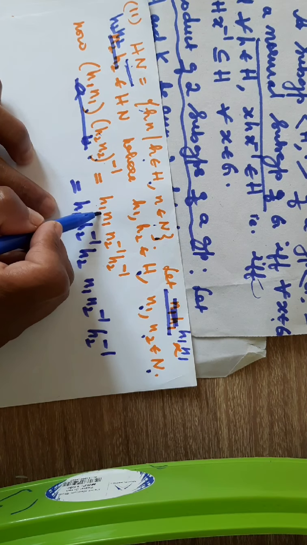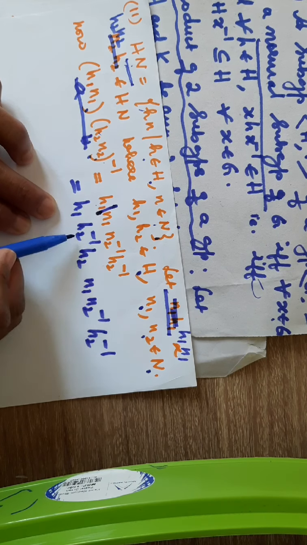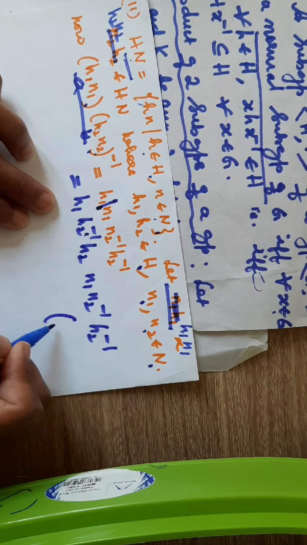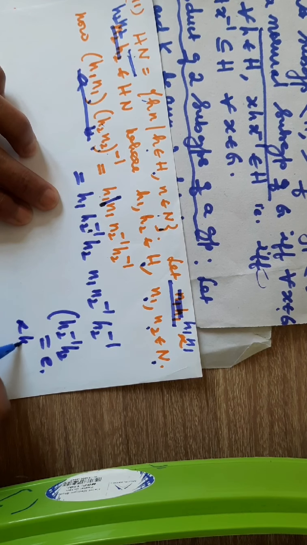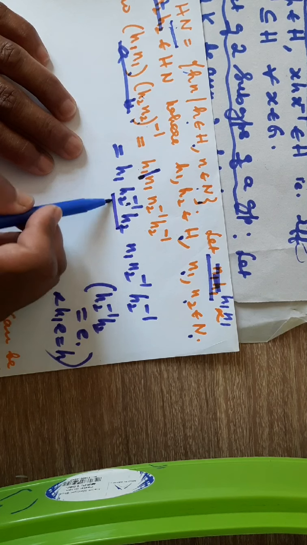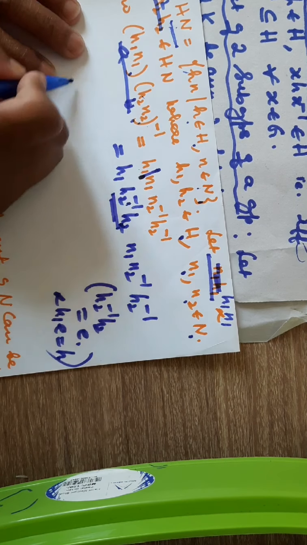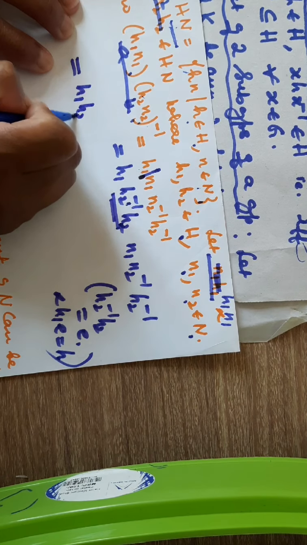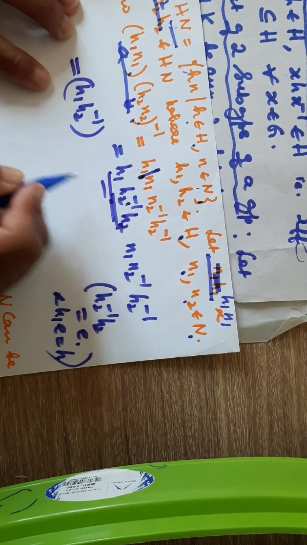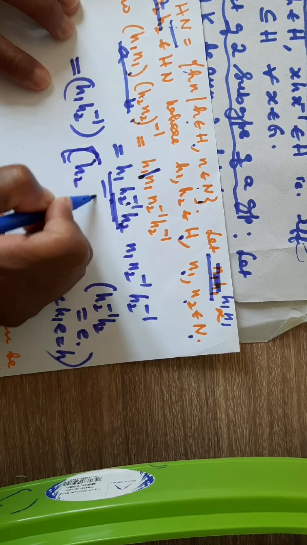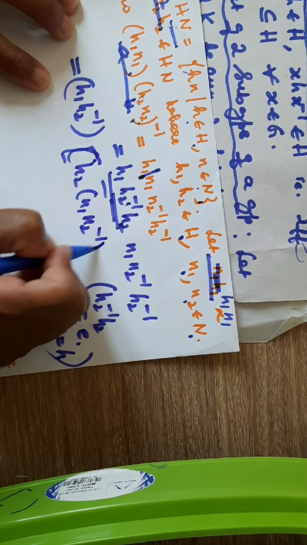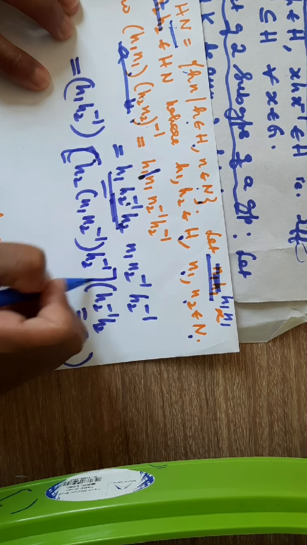That means in between h1 and n1 here, you introduce h2 inverse h2 because h2 inverse h2 gives you e, and h1 e is the same as h1. So by that property, we can introduce this h2 inverse h2 here. And this is called h1, h2 inverse. Combine the first two together and the last four together. It will be h1 h2 inverse, h2 n1 n2 inverse h2 inverse.